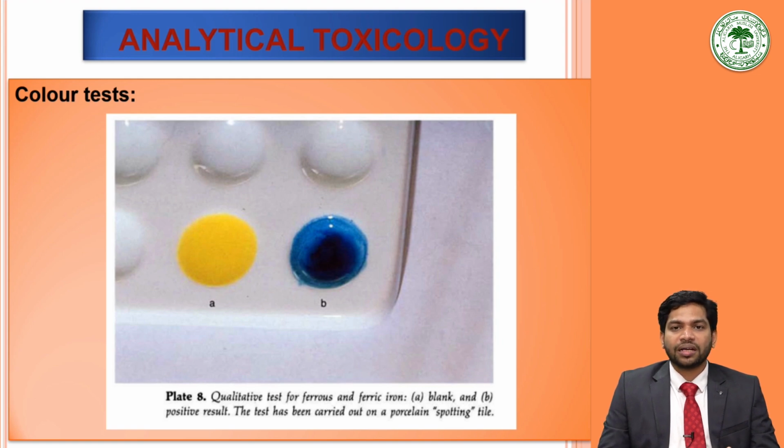To perform the color test, aqueous hydrochloric acid, aqueous potassium ferricyanide and aqueous potassium ferrocyanide solution are used. The test is performed by adding about 0.1 ml of dilute hydrochloric acid and 0.05 ml of the potassium ferricyanide solution to 0.1 ml of the test sample, and then vortex mixing for 5 seconds.